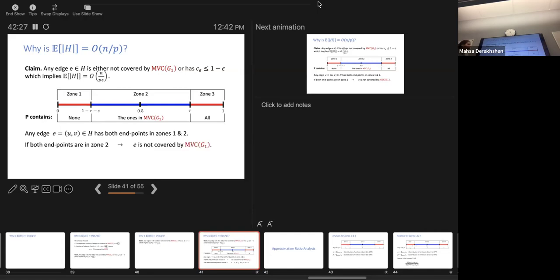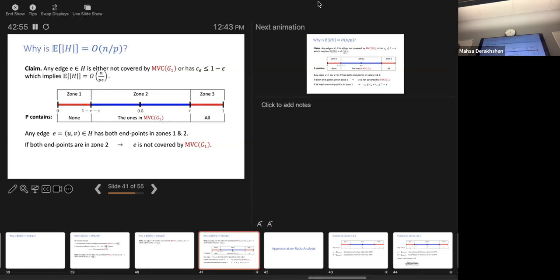So now if both endpoints are in zone 2, it means that none of its endpoints were taken by G1, right? Sorry. Let's say there's an edge in H. Both endpoints are in zone 2. What it means is that none of the endpoints are in this minimum vertex cover, because otherwise that edge wouldn't be in H. What was H?